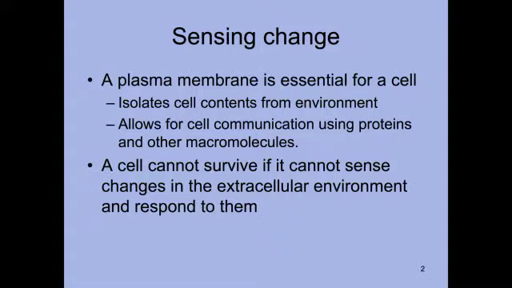In cell communication, cells have to be able to talk to each other in order to sense change. We know a plasma membrane is, of course, essential for a cell, not just to house everything that makes up the cell and kind of protect it and isolate it, but it's also used for communication.